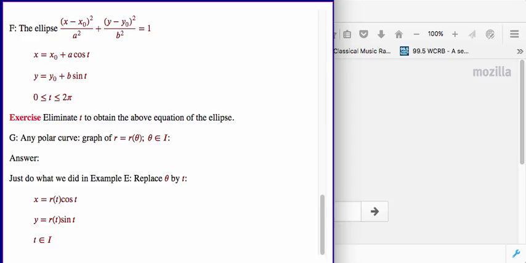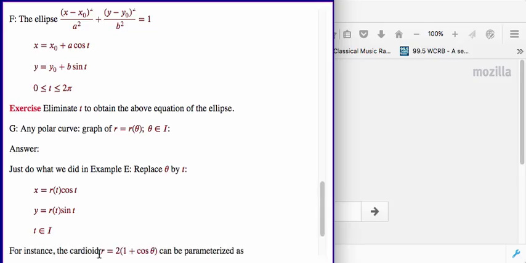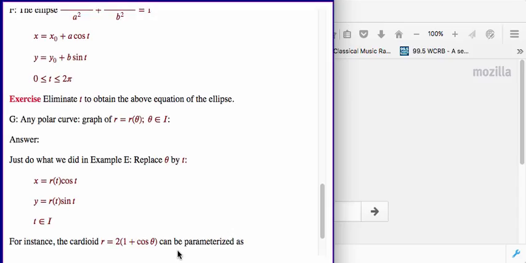So let's try an example. For example, the cardioid, our favorite, or not so favorite, polar curve. The cardioid, remember, is r equal to 2 times 1 plus cosine theta. At least that's one of them. How do we parameterize it? Well, we take theta to be t, and then we just write down these very same equations, except using the formula that we have for r instead of r of t.